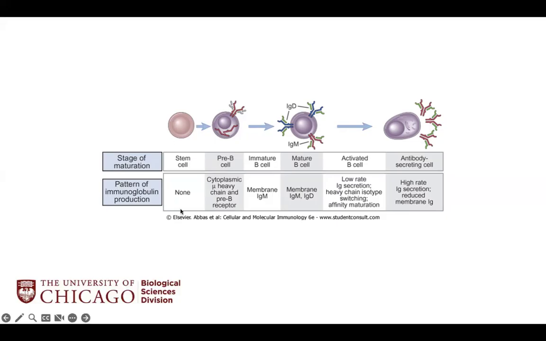Okay, so what starts as a stem cell will become a pre-B cell. A pre-B cell is made up of a mu heavy chain and a pre-B cell receptor. And then you get an immature B cell where you have a membrane IgM, but then a mature B cell has IgM and IgD on the outside. Once it's activated, it becomes a plasma cell and actually secretes antibody.